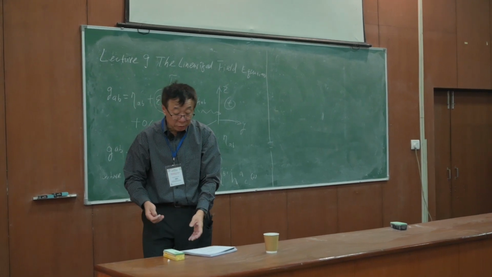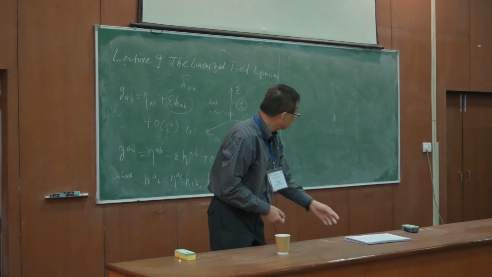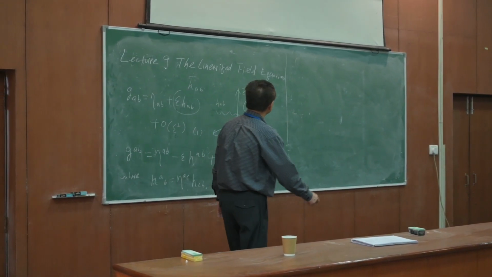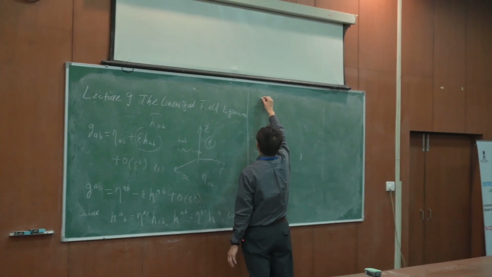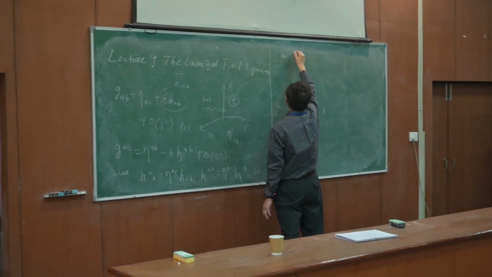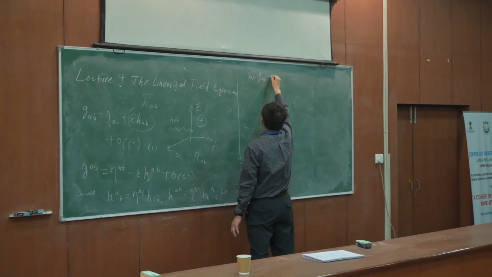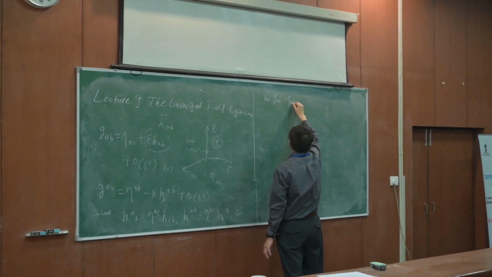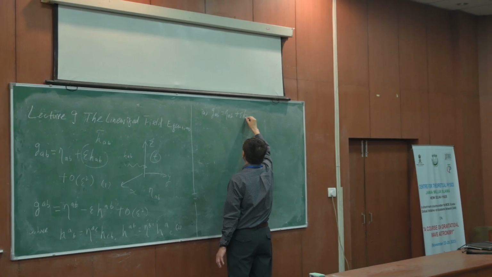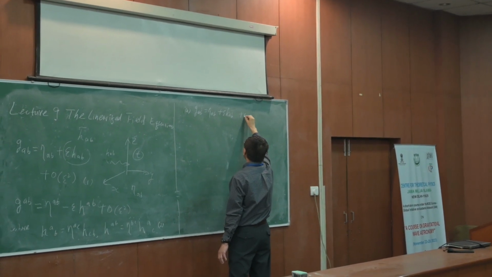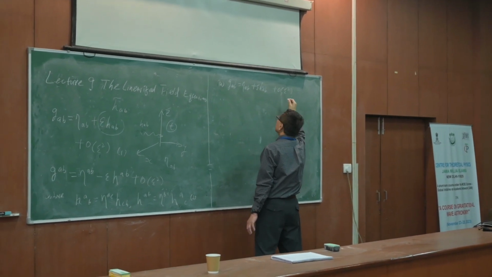We just simply use the Newtonian limit. Here we actually have two conditions. First, g_ab equals eta_ab plus epsilon h_ab, which is also second order.